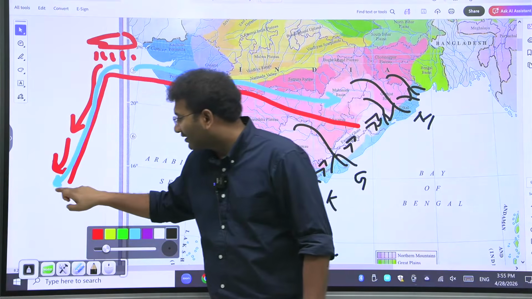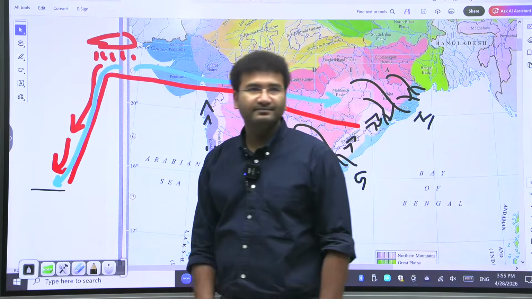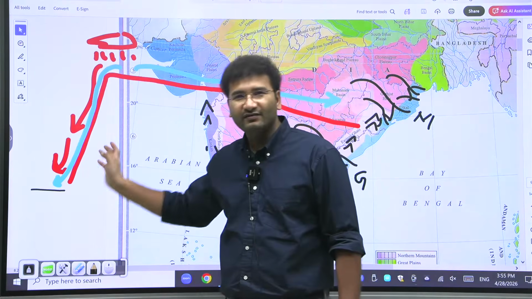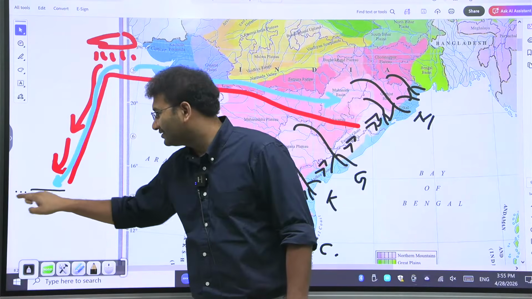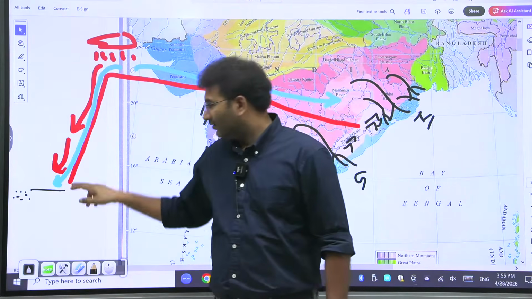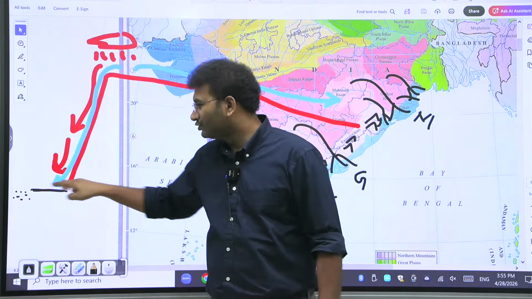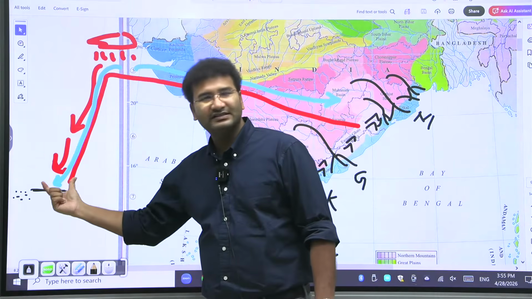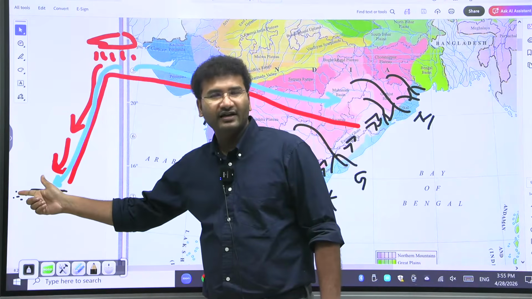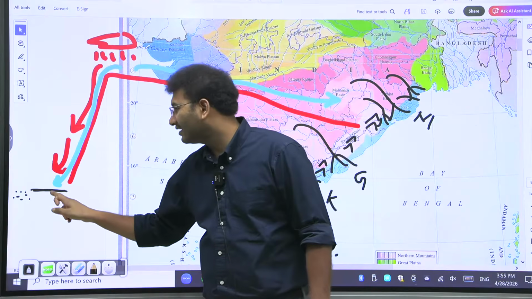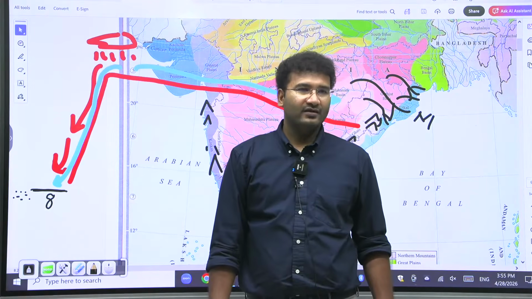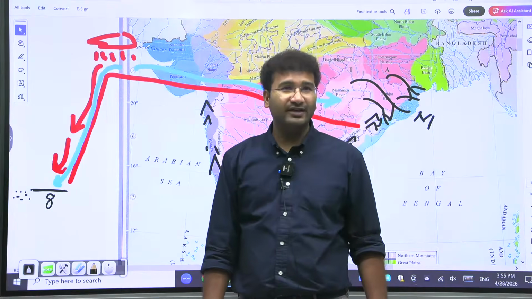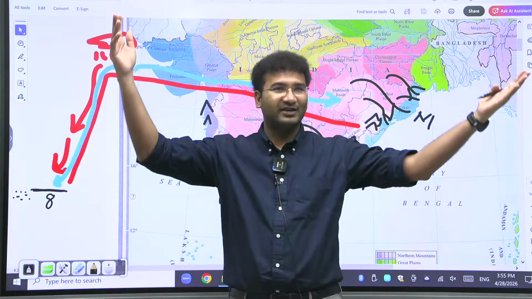And then, if this is a plain area, will the river also erode the plain area? And lastly, imagine this is your sea. For the river to join the sea, the distance between this mountains and the sea is hardly 8 kilometers. So that 8 kilometers coastal plains are erosional coastal plains.